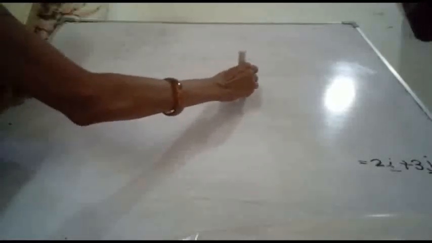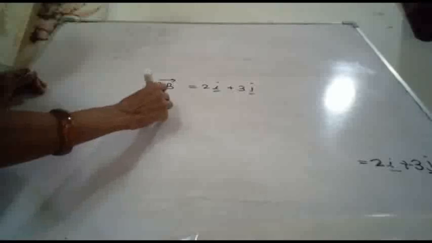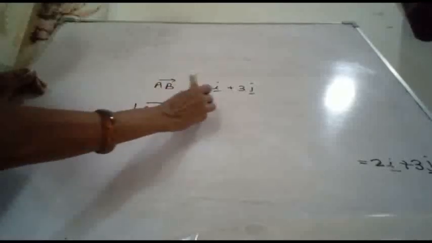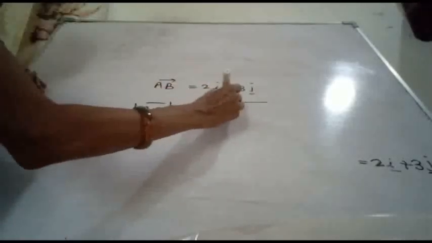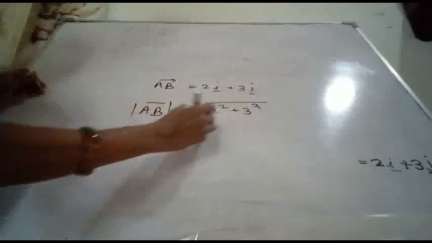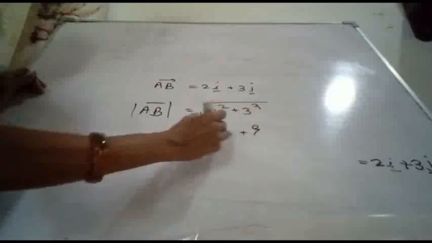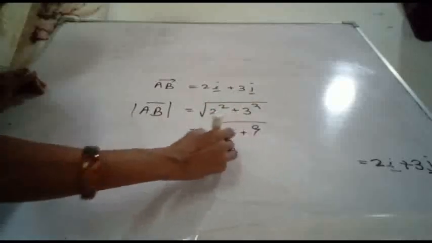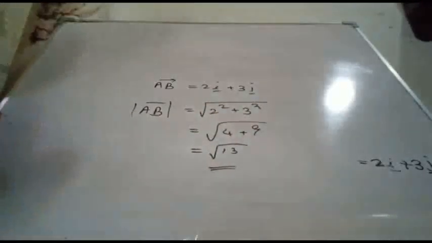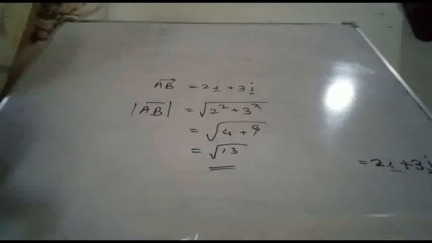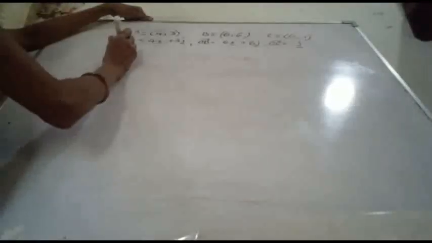Modulus of AB. Vector AB is equal to 2i plus 3j. Modulus of AB is equal to the square root of 2 squared plus 3 squared, which is square root of 13. Now we find BC.